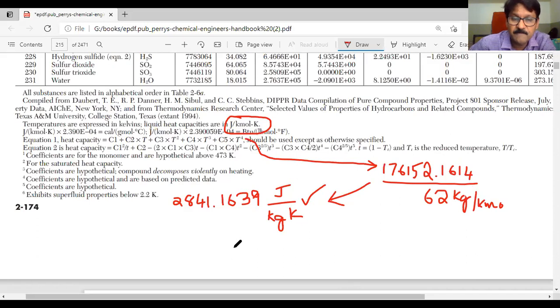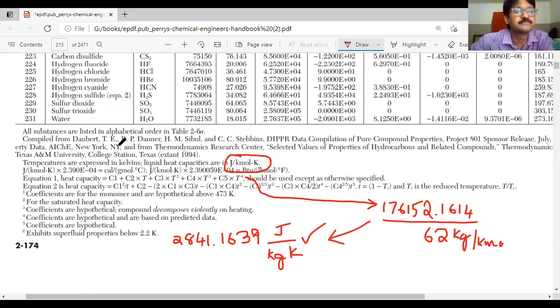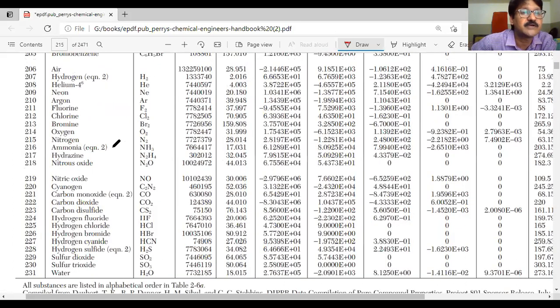Are you getting it now? Is this answer right? Yes, sir. Say yes or no, I'll go to the next, toluene.